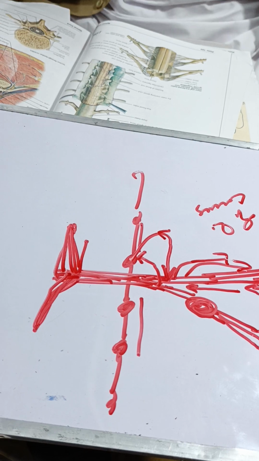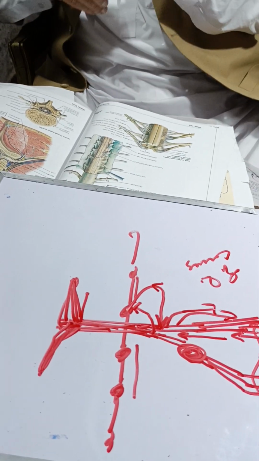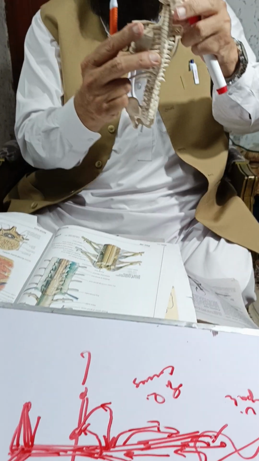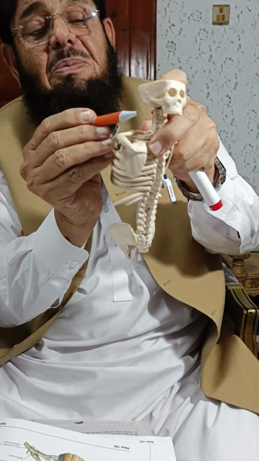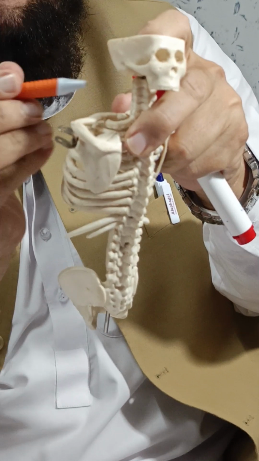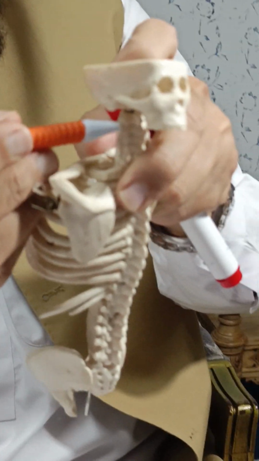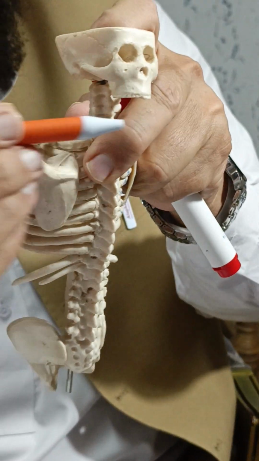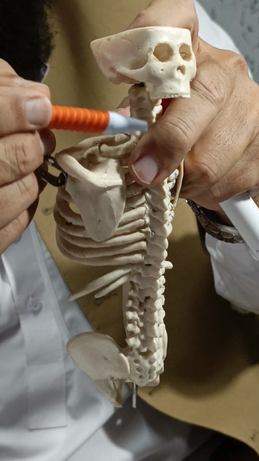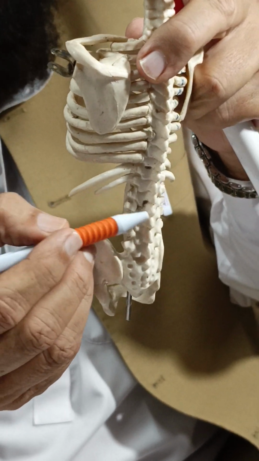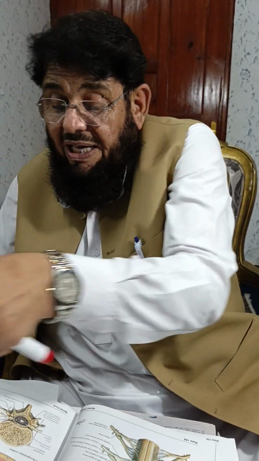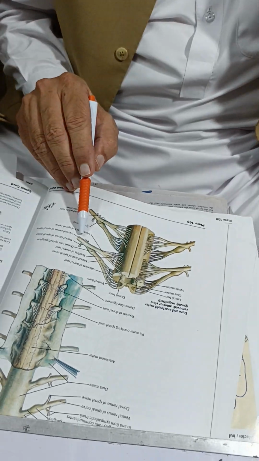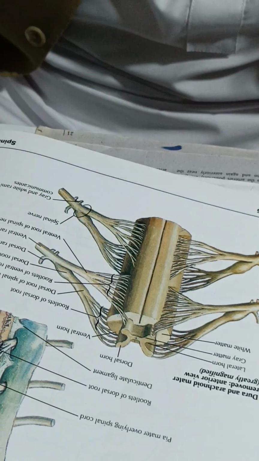When it comes out from the intervertebral foramen, it has three types of fibers, that is sensory, motor and sympathetic. Each nerve immediately divides into ventral and dorsal primary rami. You can see it also over here, the ventral ramus and the dorsal ramus.